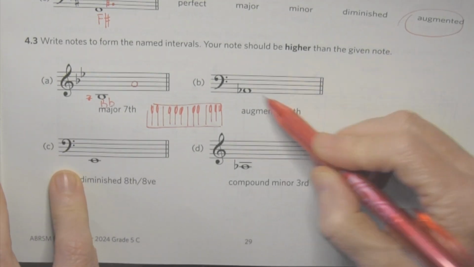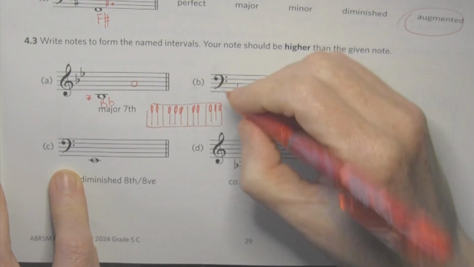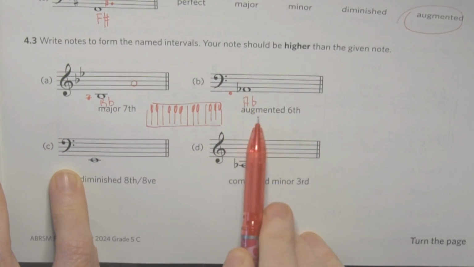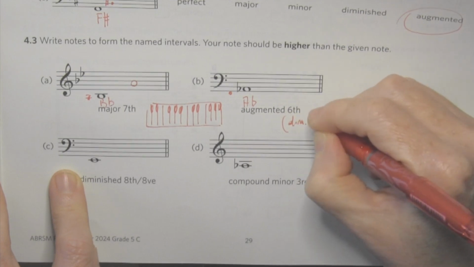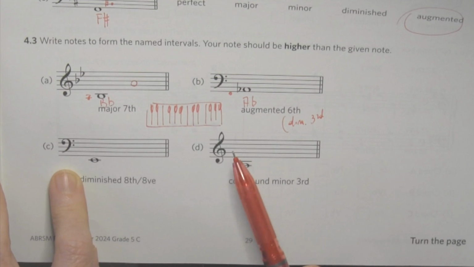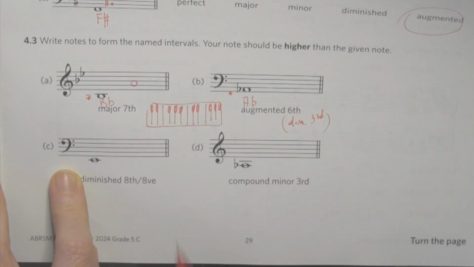Next one, augmented 6th from La flat. Again, let's use the flipping over technique. Okay, F, A flat. We need a diminished third. So a third that is not minor, from major becomes minor, from minor, diminished. So 2 tones taken away.